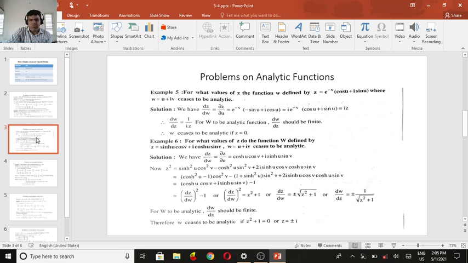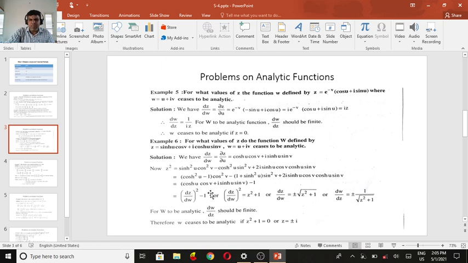If we take cos square v as common, we get sin h square u times cos square v minus 1 plus sin hyperbolic square u into sin square v plus 2 times I sin hu cos v cos hu sin v. Because here cos square theta plus sin square theta is equal to 1. In the hyperbolic function, cos square hu minus sin square hu is equal to 1. By using that formula, this term should be equal to cos hu sin v cos v plus sin hu sin v minus 1.